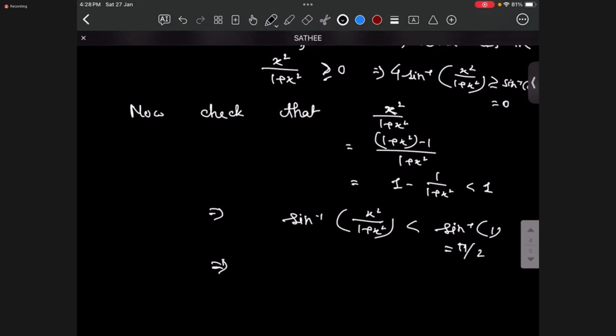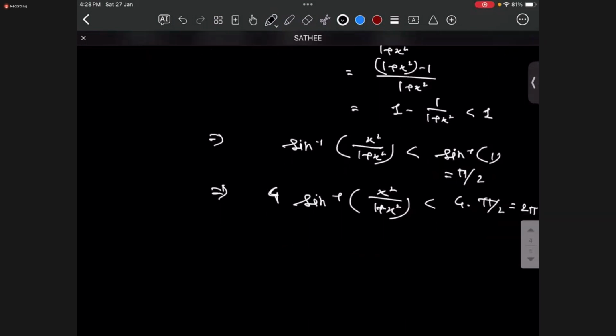Now if I multiply both sides by 4, we obtain 4 sine inverse of x square by 1 plus x square less than 4 times pi by 2, which is 2 pi. So clearly, whatever the function f(x) is, it is greater than or equal to 0 and strictly less than 2 pi. This is not attaining the value 2 pi.